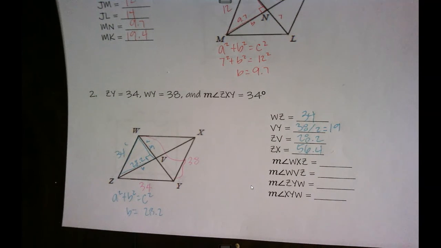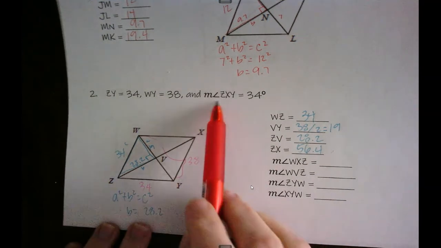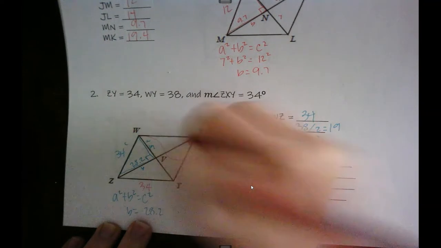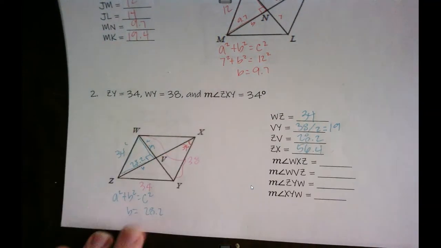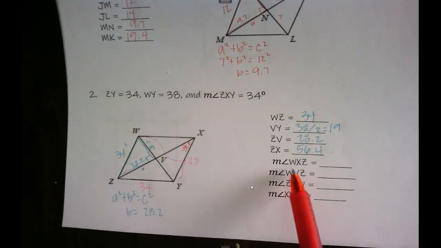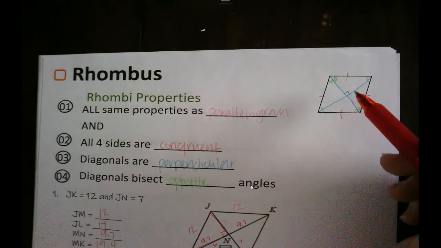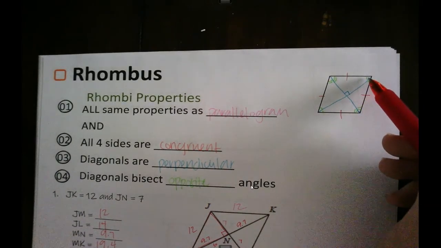All right, now let's look at our angle. We're told up here that ZXY, so this one right here, is 34 degrees. So WXZ. So we want to know what this angle is. Remember, that's the unique part of our rhombus, is that that diagonal bisects it.